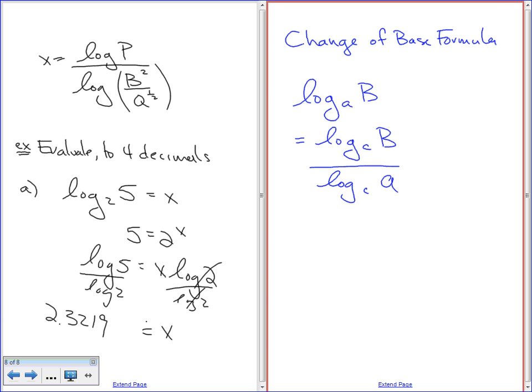But because we're using our calculator, we're going to want to use base 10. So the log of b to the base a can be easily evaluated on your calculator by taking the log of b and dividing it by the log of a. Do not get it confused with the second law of logarithms. It's not the same thing in terms of division.